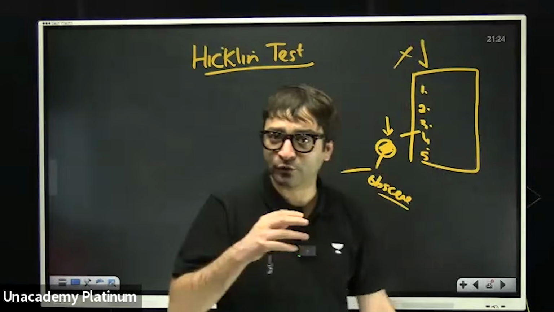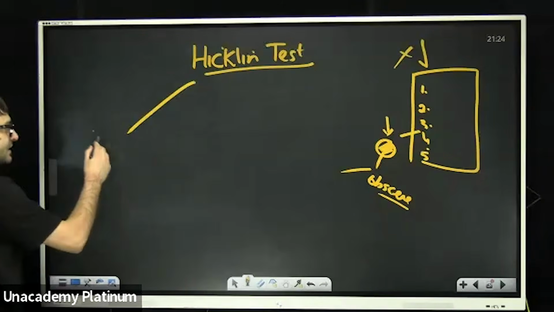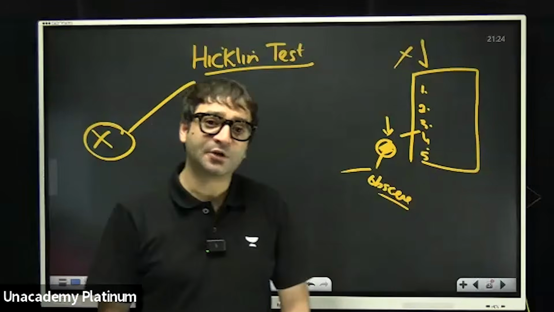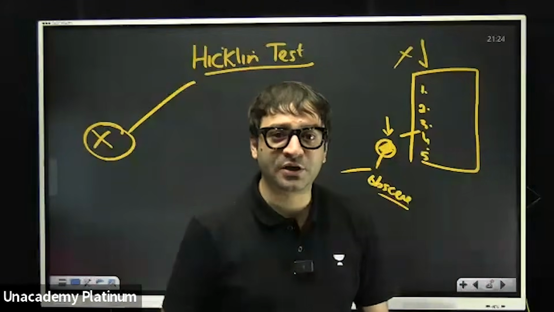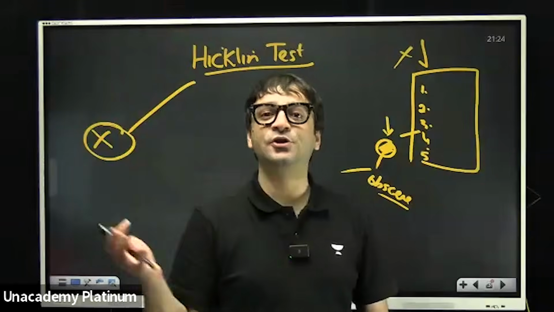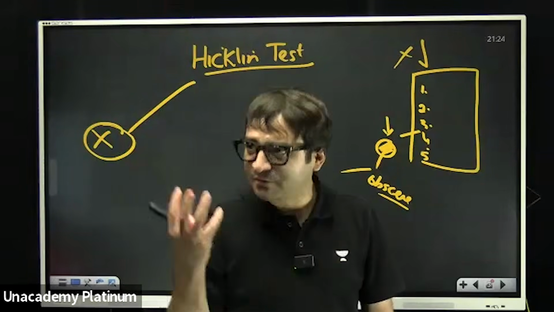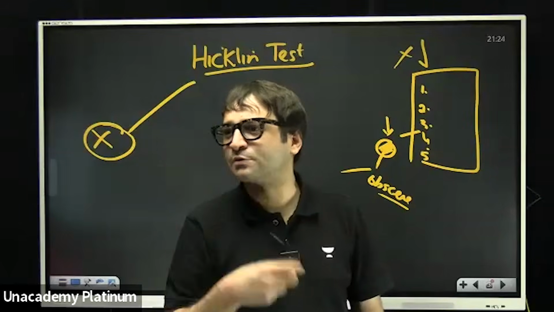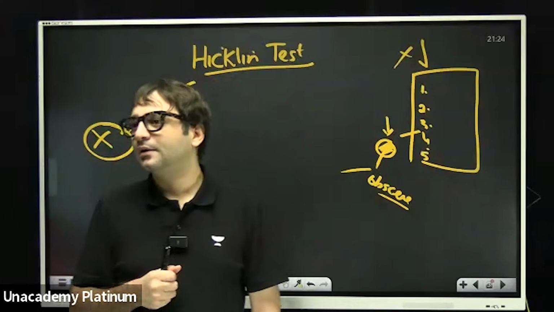This is Hicklin test. But over a period of time, Supreme Court has discarded Hicklin test. Said, no, even if a part of this novel is obscene, we have to look at the larger messaging of this novel. If the larger messaging is not obscene, we will not have to ban this movie, not ban this book, let it continue.